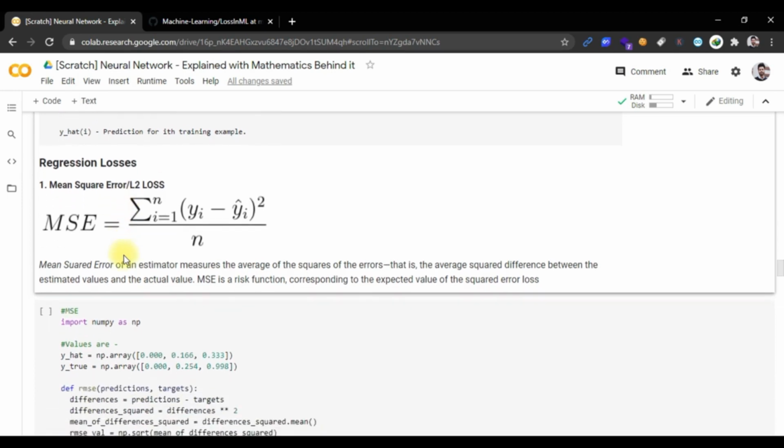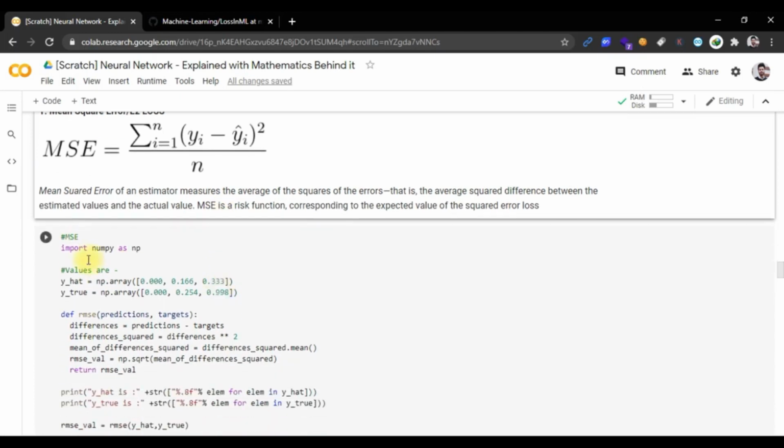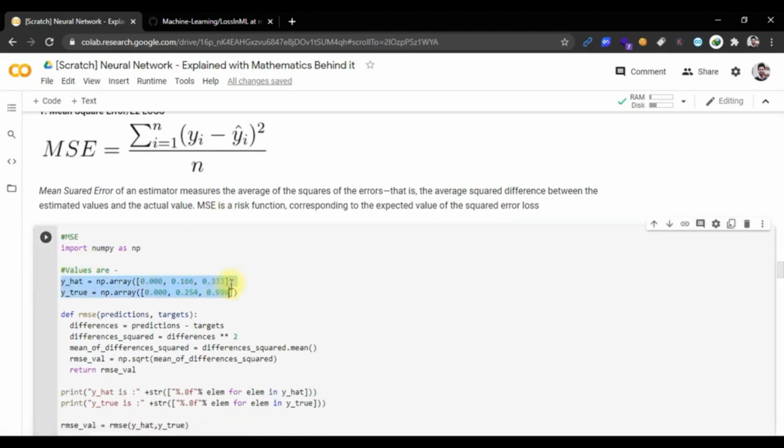As you can see, MSE is a regression function corresponding to the expected value of the squared error loss. Here I have the y hat, that is the predicted value, and this is the true values. So simply I make a function: first I get the differences, then square them, then get the mean of it, and then get the square root of it.